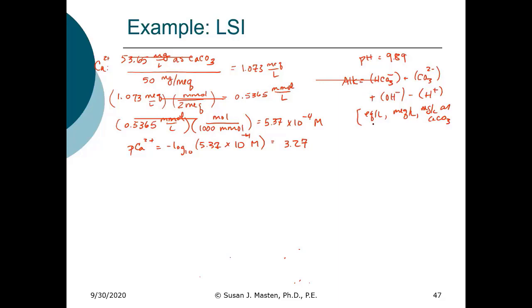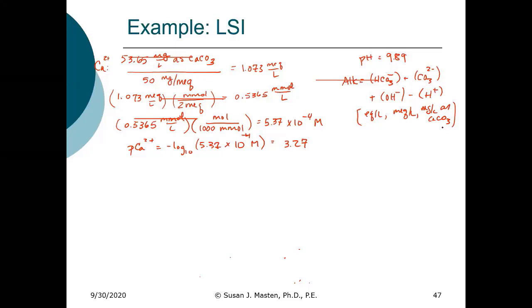So that equation is valid for those units. And in all the problems we've done so far, we've made an assumption. We've assumed that the concentrations of carbonate and OH minus and H plus are negligible, and we can simply make the assumption that alkalinity is equal to bicarbonate.